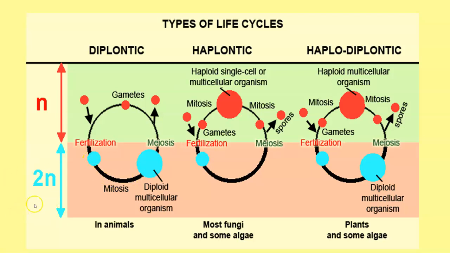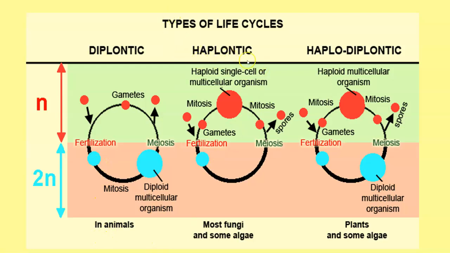This type of division is seen mostly in animals. That is, in animals the cell is in the diploid state, and through meiosis the gametes are produced. The two gametes fuse, and after fertilization a diploid zygote is formed, and the zygote then develops through mitosis into an adult organism again. So this type of life cycle is shown by animals.